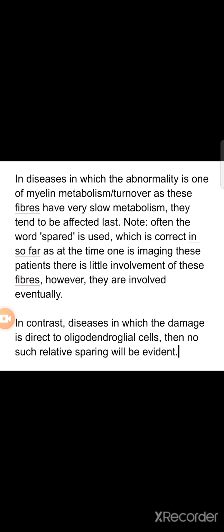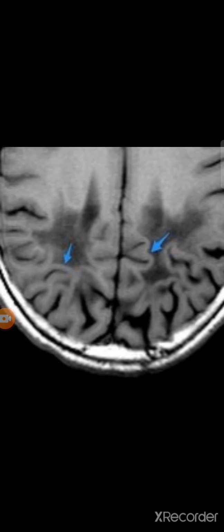However, when the damage is directly to oligodendroglial cells, there is no relative sparing. So in PML, as we know that JC virus directly attacks oligodendroglial cells, there is involvement of subcortical U fibers.